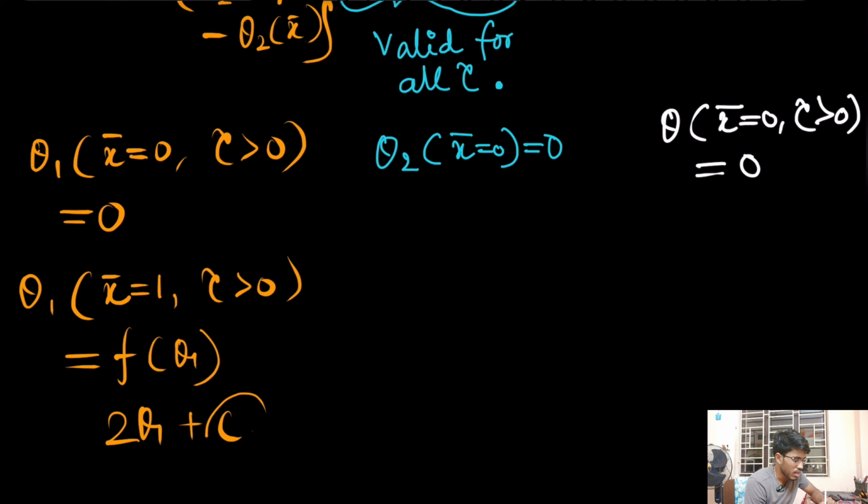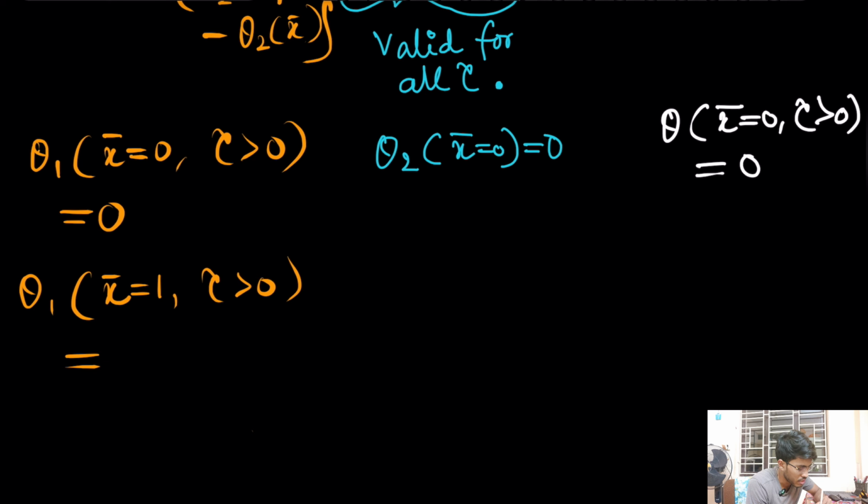The moment I have any other constant here, then it will not be a homogeneous equation. So let us say that we don't know it, so let me write it as x. This can be some function of theta 1, this can be 0 also. Now here I have the liberty of writing this as 1.